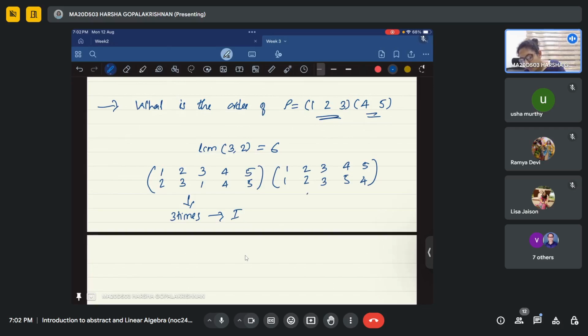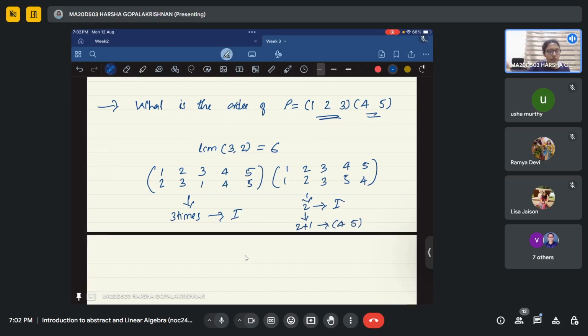But here if I am doing 2 times, I will get identity. And if I am doing one more time, that is 3 times, what I will get? 2 plus 1, 3 times I will get means again that 4 and 5 will be interchanged. From identity, I will again go to the same thing. Okay, I will get the 4, 5 only.